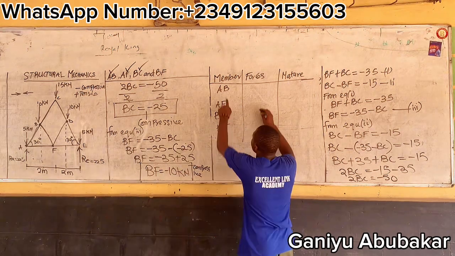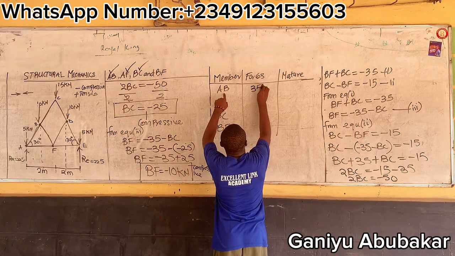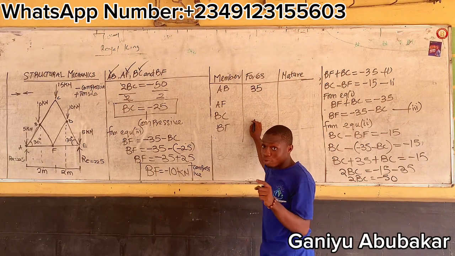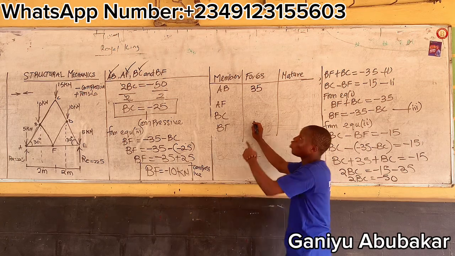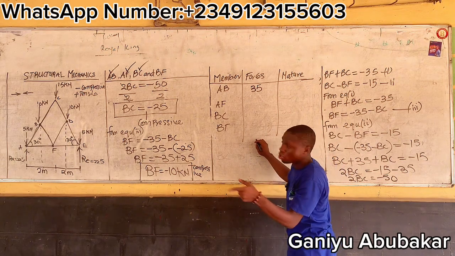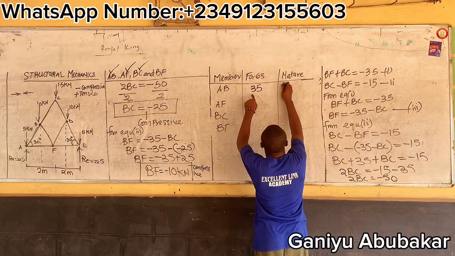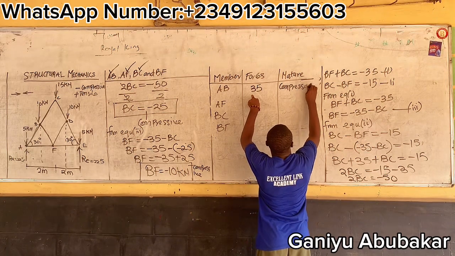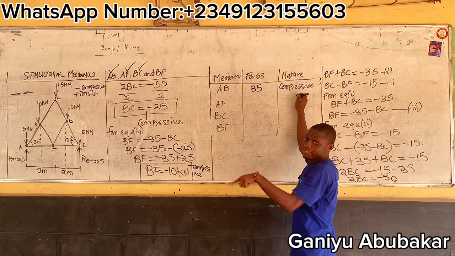So what's AB? What was AB initially? Minus, but don't put minus there because your comparison will tell you what is minus. What must you have here? Compressive. Why? Because of the negative answer. Yes.